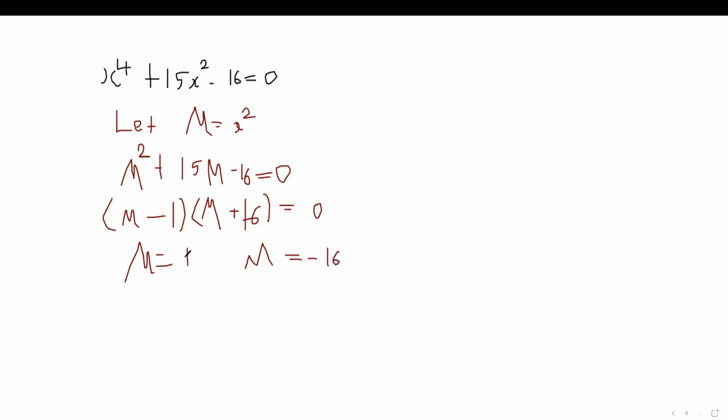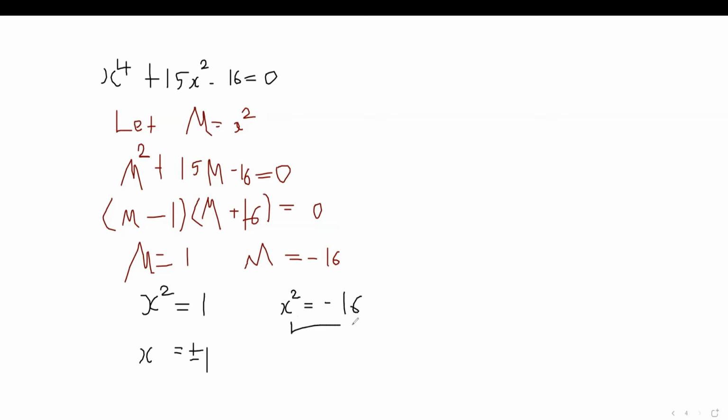Now look at this. If m equals 1, we're saying that x squared is equal to 1, so x is equal to plus or minus 1. If m equals minus 16, then we're saying x squared equals negative 16, but that doesn't make sense. x squared can't equal negative 16.